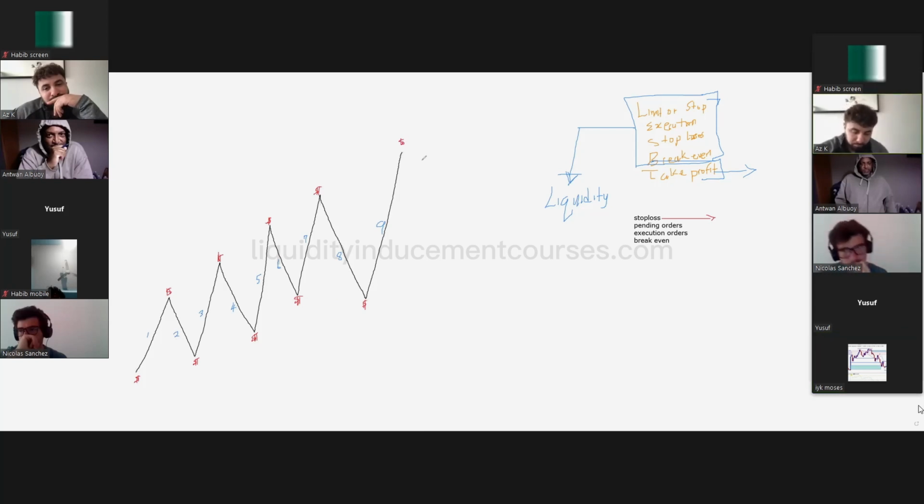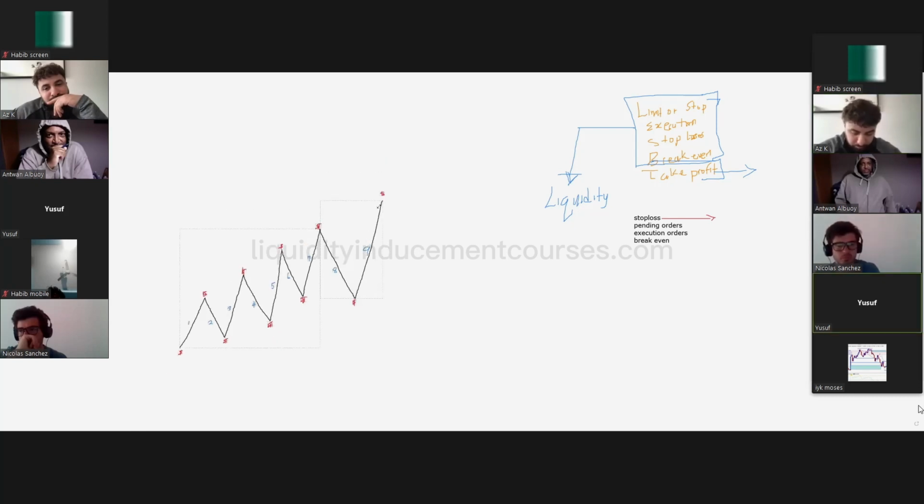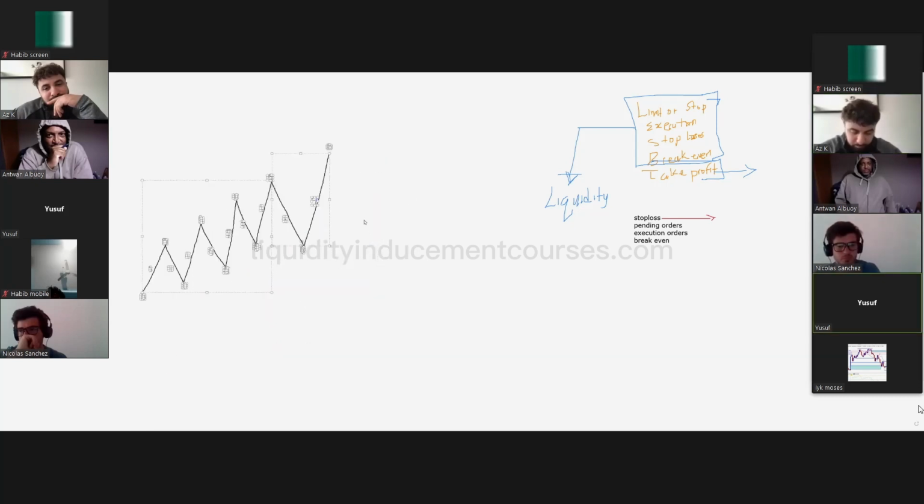I hope we're together, everybody. Now we know that liquidity is always sitting on every high and every low in the market. We just need to start putting a proper structure to it for better understanding.